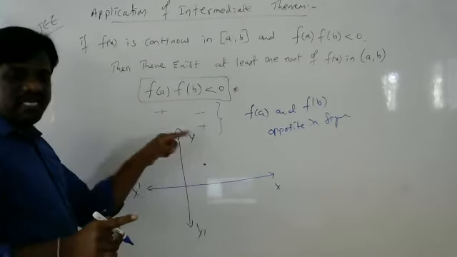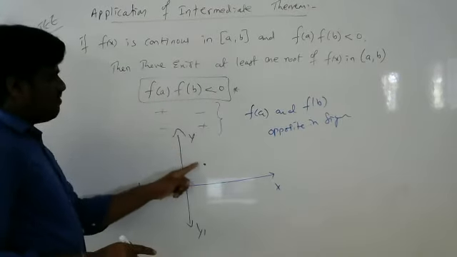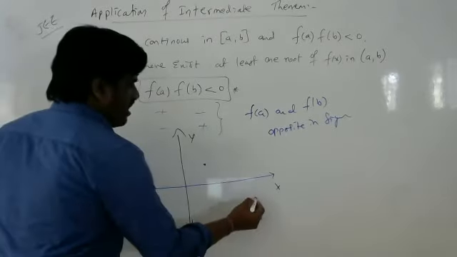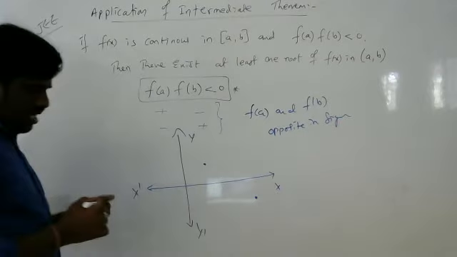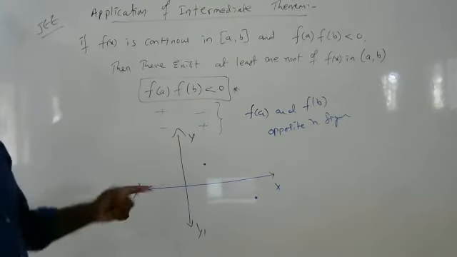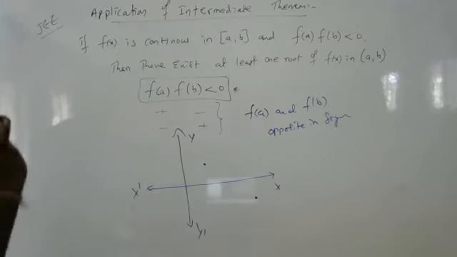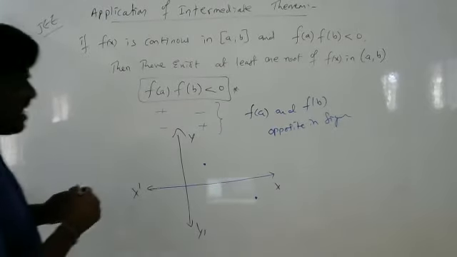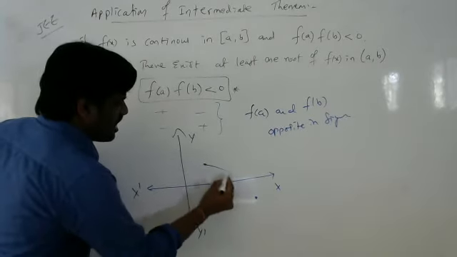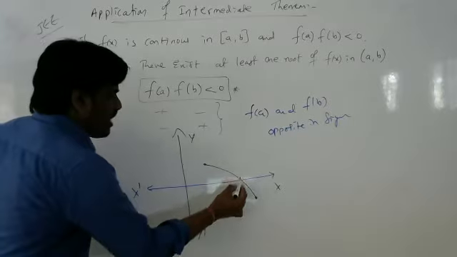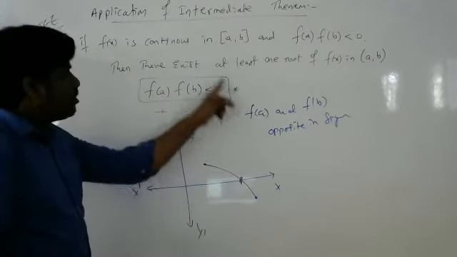I am taking f(a) positive because f(a) into f(b) is less than 0, so if I take f(a) positive, then I have to take f(b) negative. So at least one root will be available. If I draw the graph, at least one time it will touch the x-axis, and that will be the root. That is what it is saying.